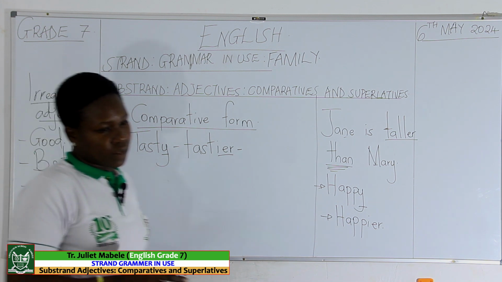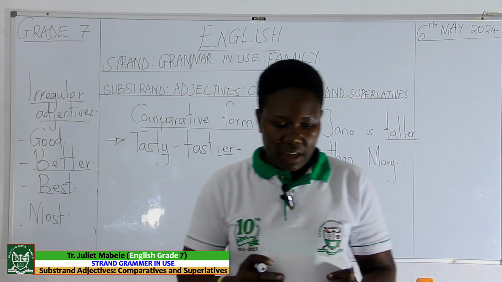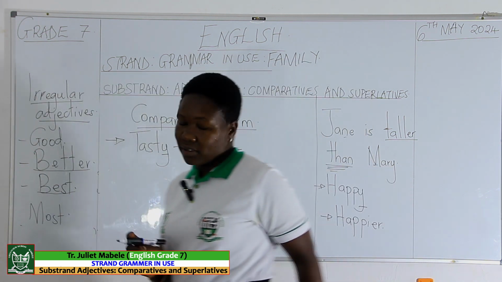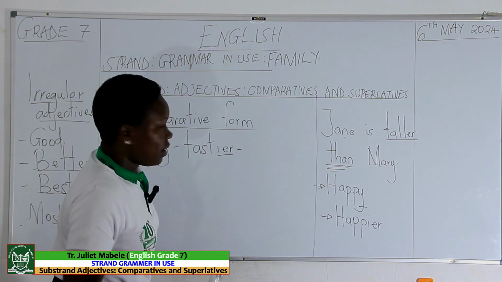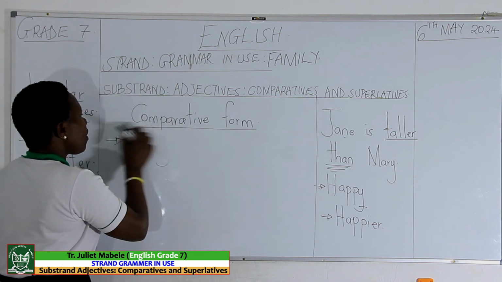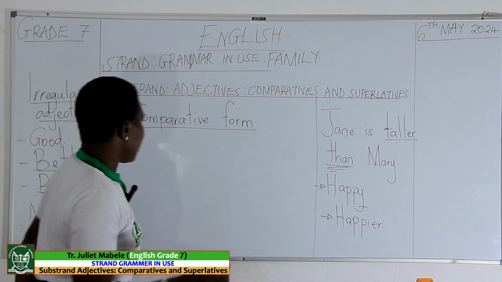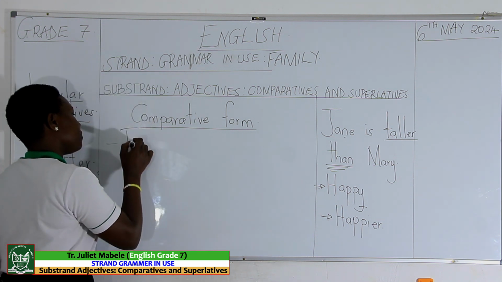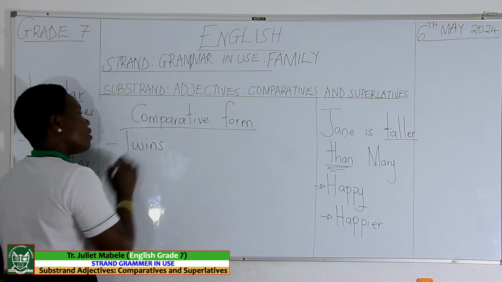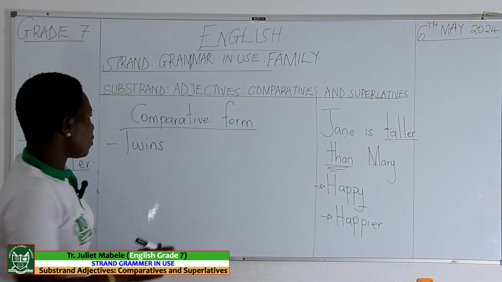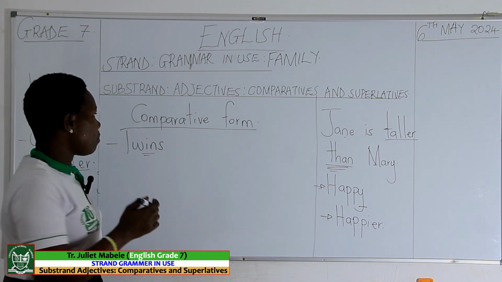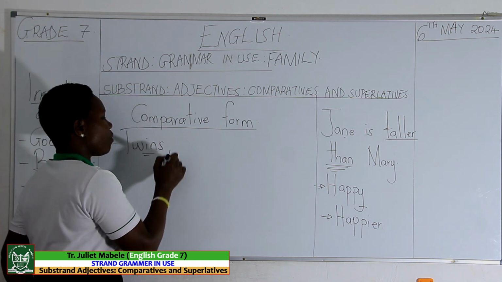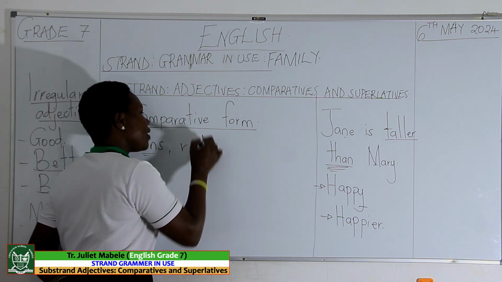Very good. I also want to say that we have words and phrases that take the comparative forms of words. For example, we have words like twins. When we say twins, it already shows that we have two people here. So it is double. So we use the comparative form. We also have a road.